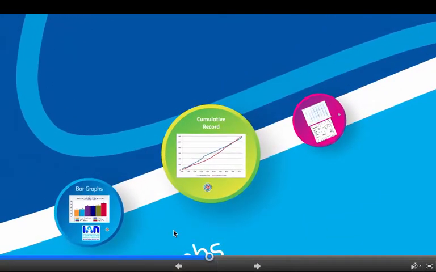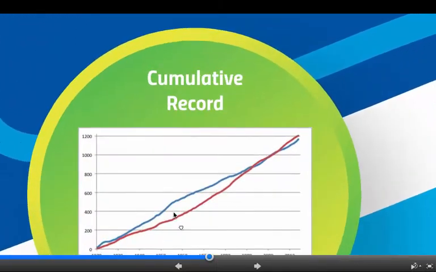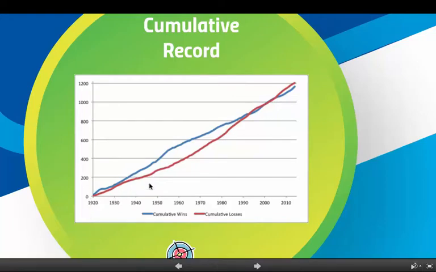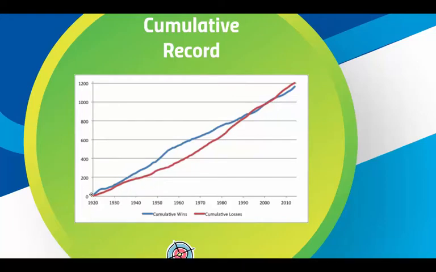Another kind of graph that you'll be looking at is what is referred to as a cumulative record. What this means is that it is an additive kind of graph. As you make additions to something, you'll see the acceleration of the line.